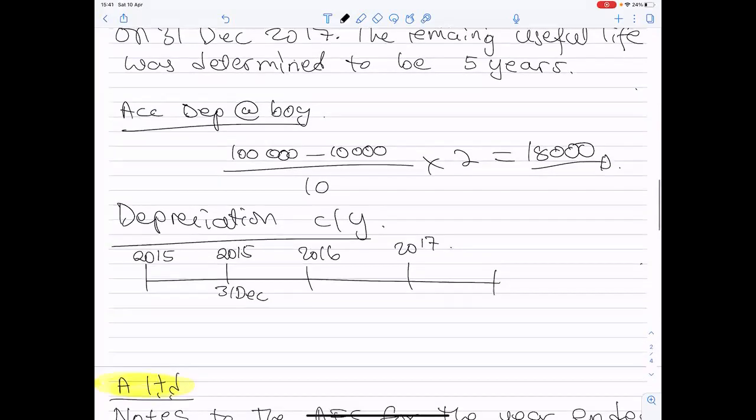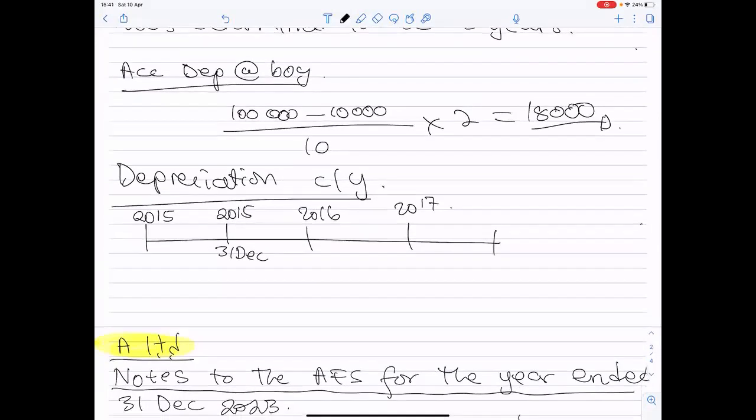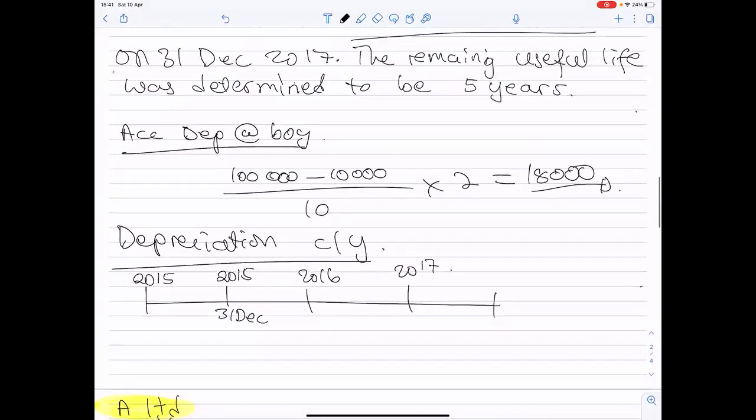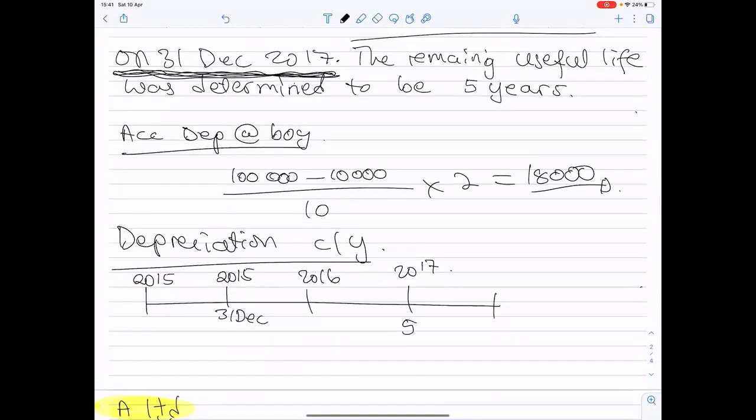Now, they are saying that on the 31st of December, 2017, the remaining useful life of the asset is 5 years. Do we agree? That's what they're saying. On the 31st of December, 2017, the remaining useful life was determined to be 5 years.